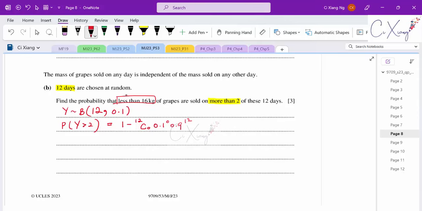For Y equals 1, it will be 12C1, 0.1 power 1, 0.9 power 11. Then Y equals 2 will be 12C2, 0.1 power 2, 0.9 power 10. Then if you simplify all this using the calculator, your answer should be 0.111, correct to 3 significant figures.